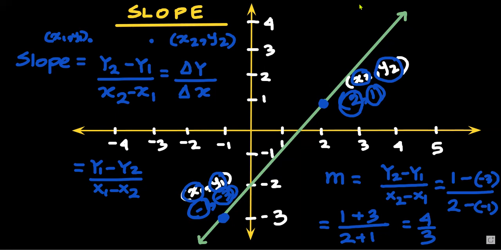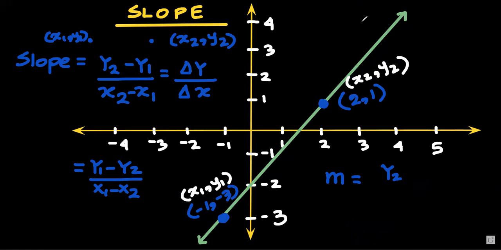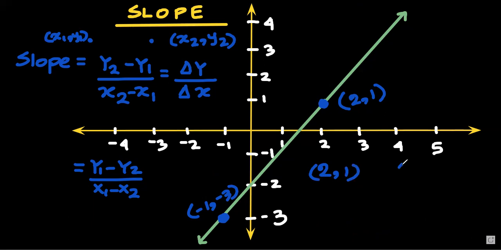So what is your conclusion then? You have taken 2 points, 2, 1 and -1, -3.